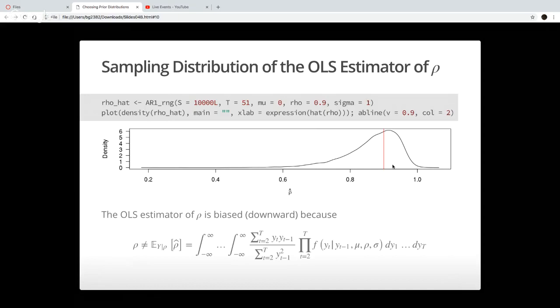And so we can see for this estimator, well, the mode of the point estimates is to the right of the true value, which is 0.9. The mean, the expectation, because it has a long tail going to the left, is to the left of the true value at 0.9. The median of this distribution looks like it would be pretty close to 0.9.